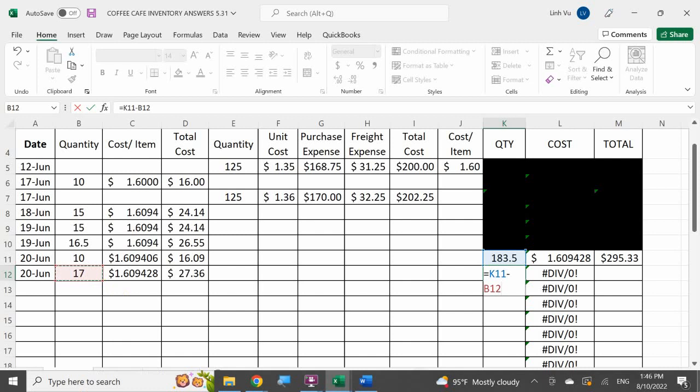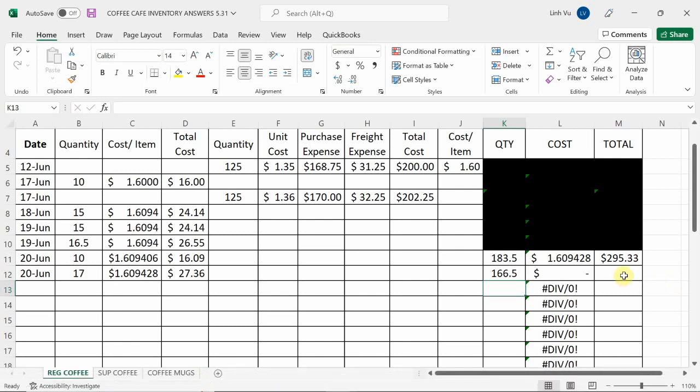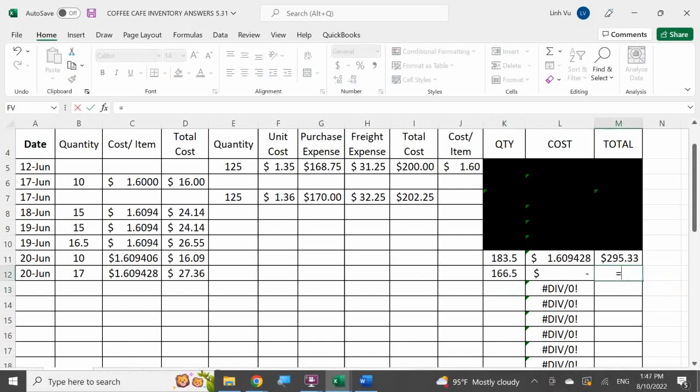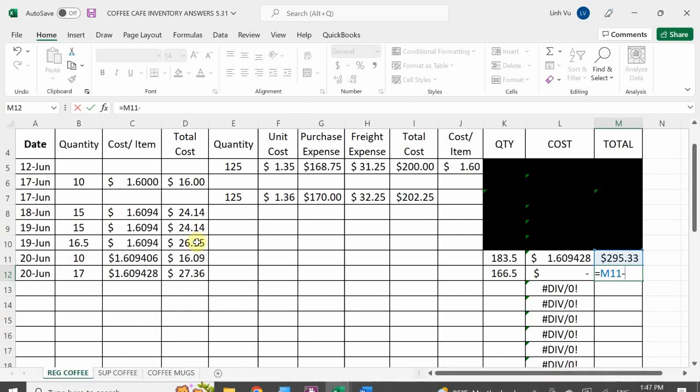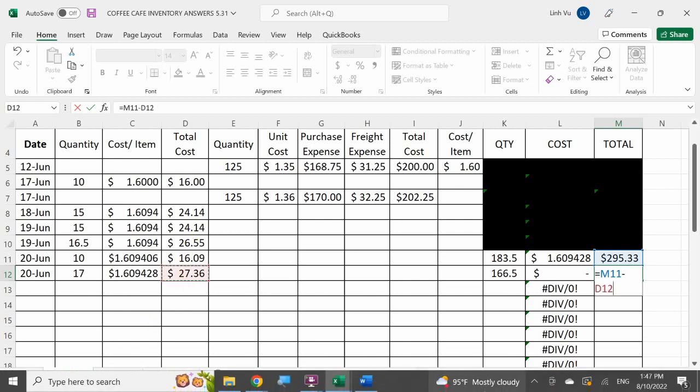So how many pounds should I have left? Yeah, 166 and a half, and I'm not sure on that one yet. Okay, so in this case, if I started out with $295.33 and I used up 27.36, that should give me a total of 267.97.